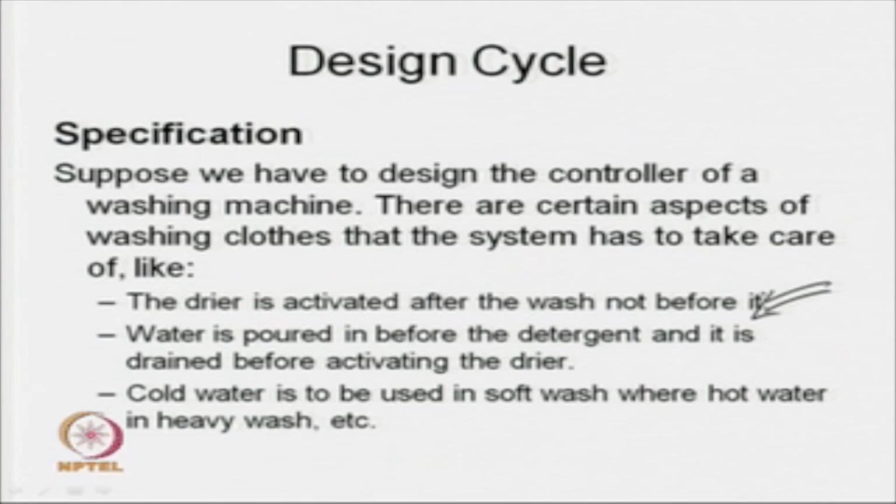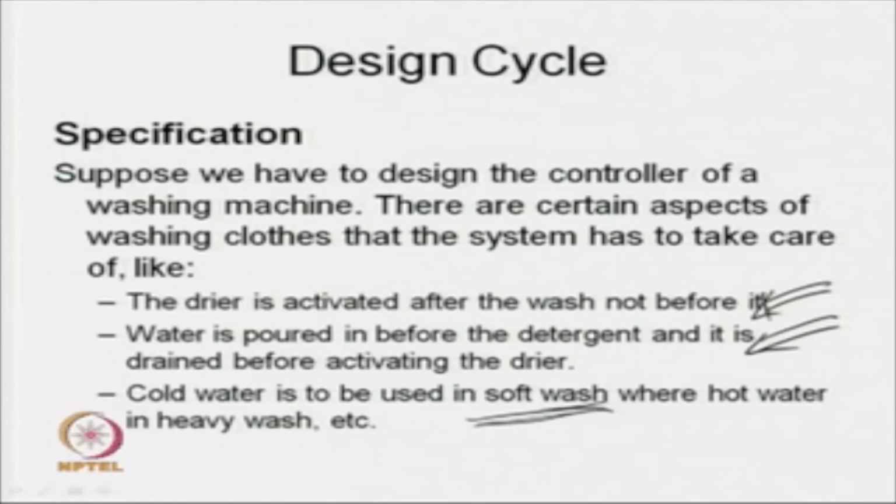First we wash the cloth, and after that we activate the dryer to dry it. Second, another specification: water is poured in before the detergent and it is drained before activating the dryer. These are our requirements, or the properties that my controller should satisfy.